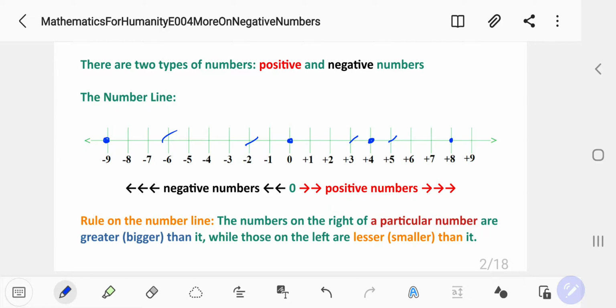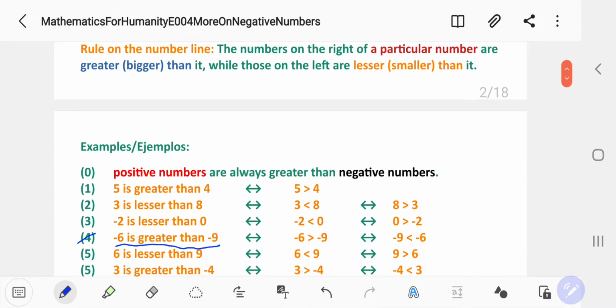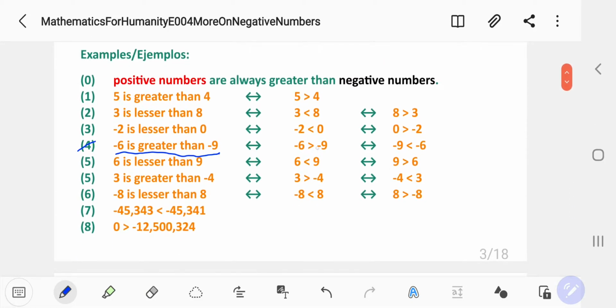As you can see, negative 6 is greater than negative 9. Or if you flip it, negative 9 is lesser than negative 6.